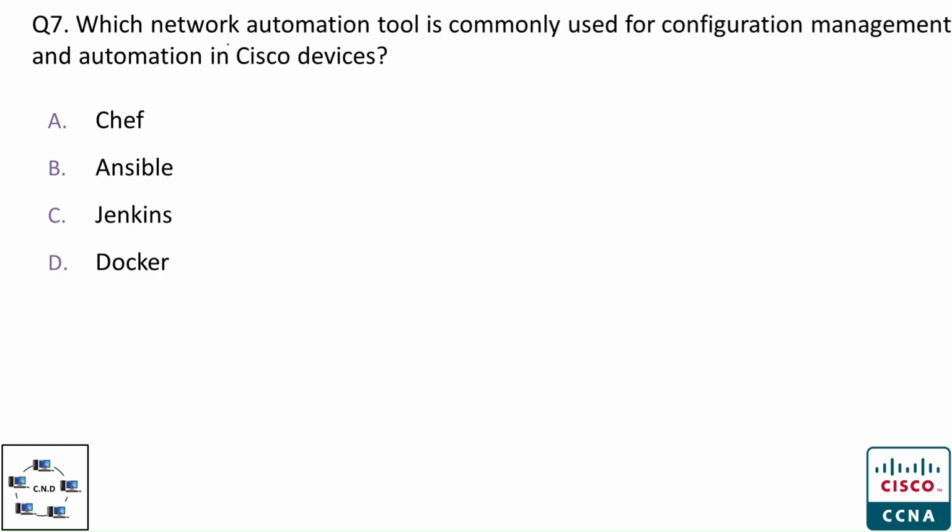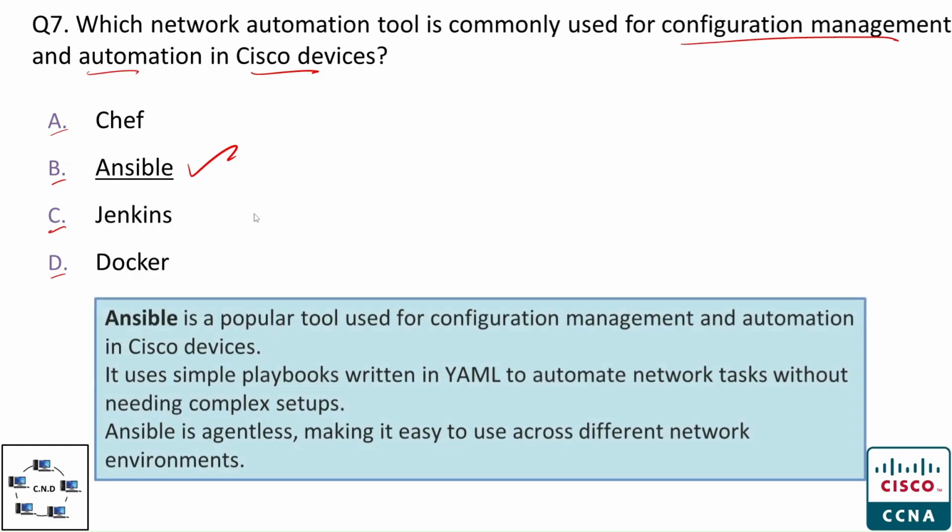Question number 7. Which network automation tool is commonly used for configuration management and automation in Cisco devices? The options are: option A, Chef; option B, Ansible; option C, Jenkins; and option D, Docker. And the correct option is option B, Ansible.